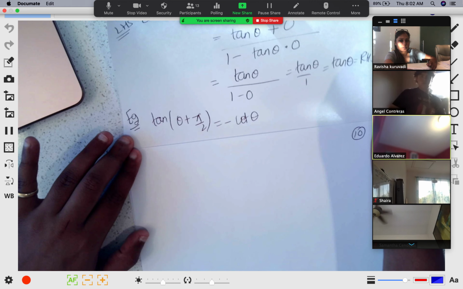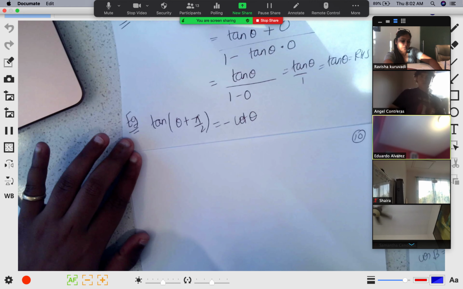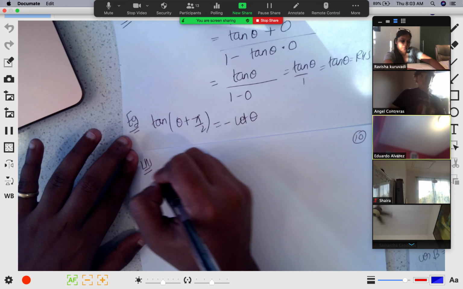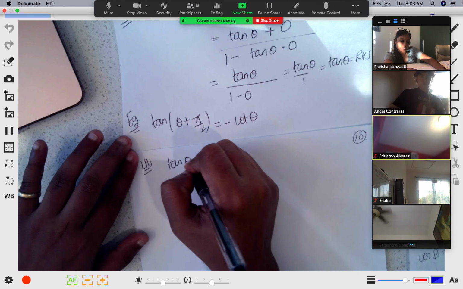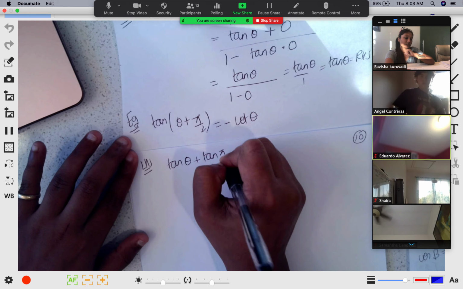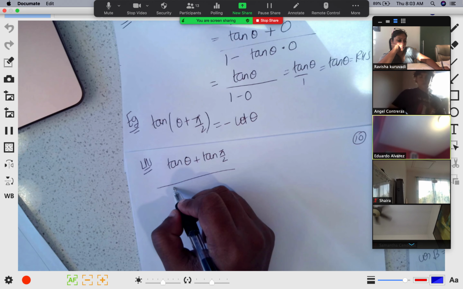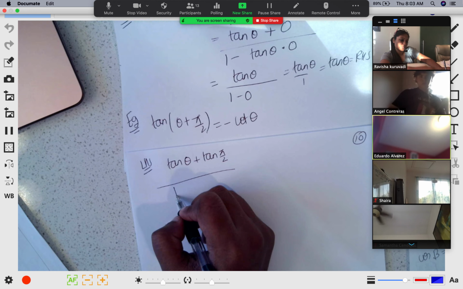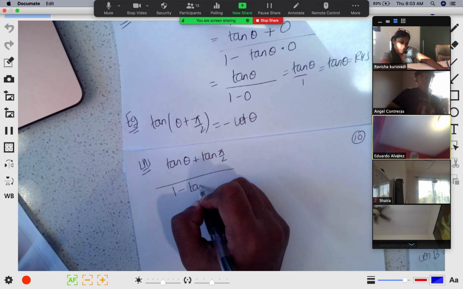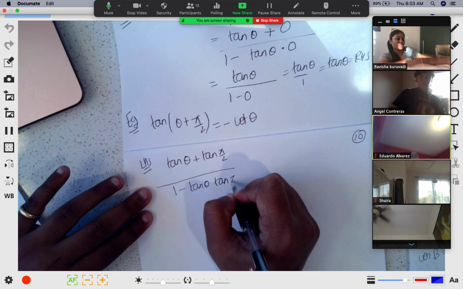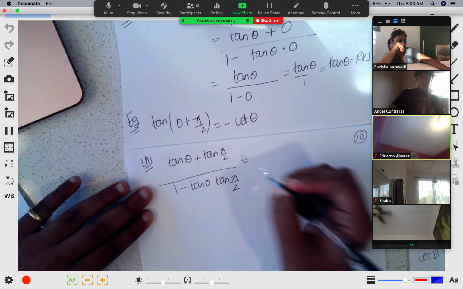So we use the formula. So we do tangent theta plus tangent pi over 2, over 1 minus tangent of theta times tangent of pi over 2. Okay. Let's put the values. Tangent theta. What's tangent pi over 2?